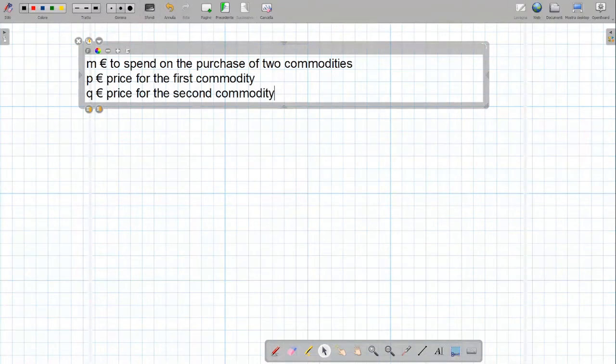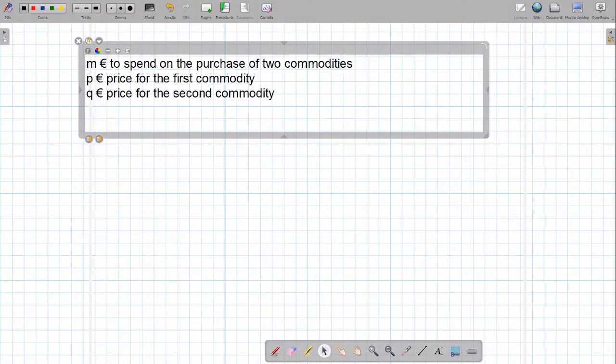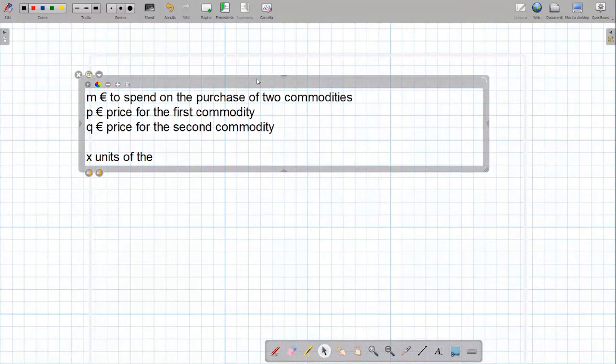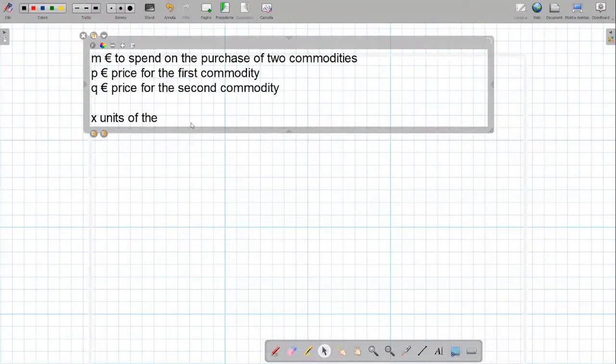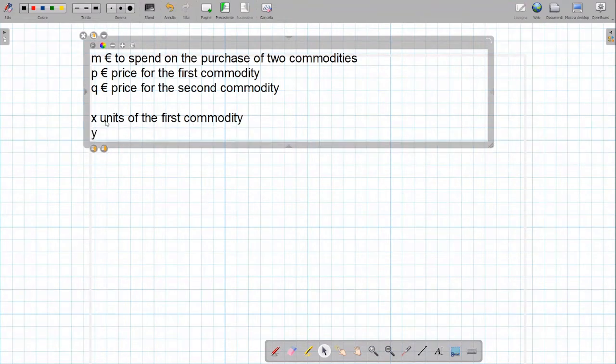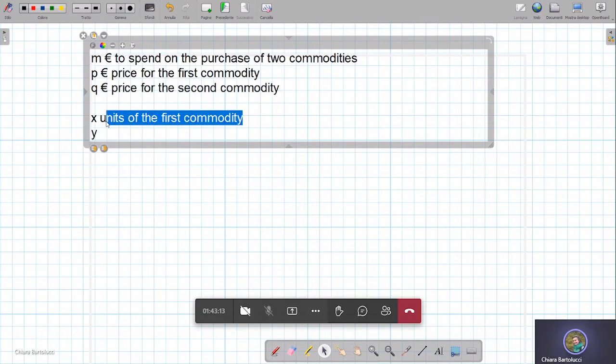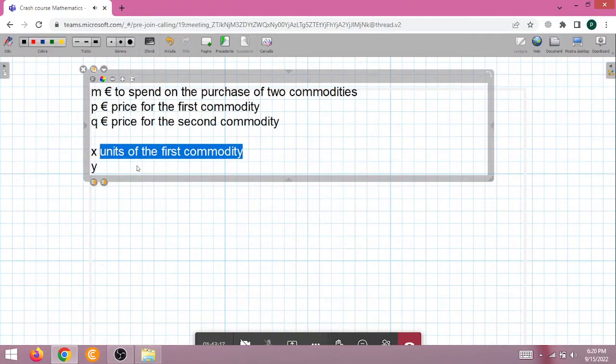Okay, then we can just say that X represents the units of the first commodity, and Y the units of the second commodity that the person bought. Okay, we will have Y, which represents the quantity, the units of the second commodity.